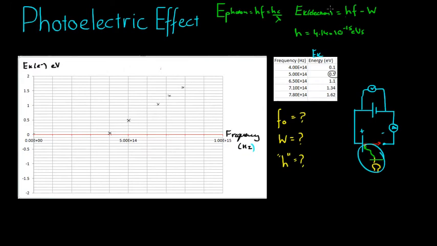And that's saying that the energy of the electron is probably equal to some kind of gradient multiplied by the horizontal axis, which is f, take away the work function there, and there is a definite shift down. So we're actually going to connect these points together with a line of best fit.